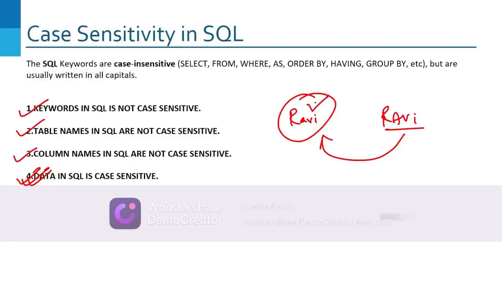Now this RAVI can be a different person and this Ravi can be a different person, right? So when it comes to data, data should match. The letters, capital, small, lowercase, uppercase, all these things should match. If it is not matching, then you will not get a result. So make sure that you know in any database language the data is case sensitive. Other than that, everything is case insensitive.